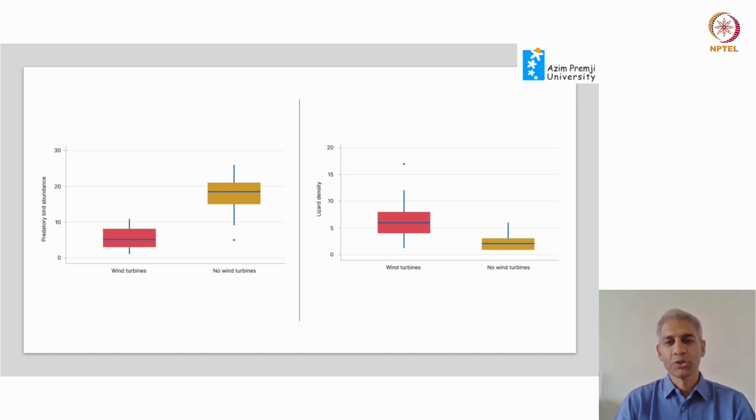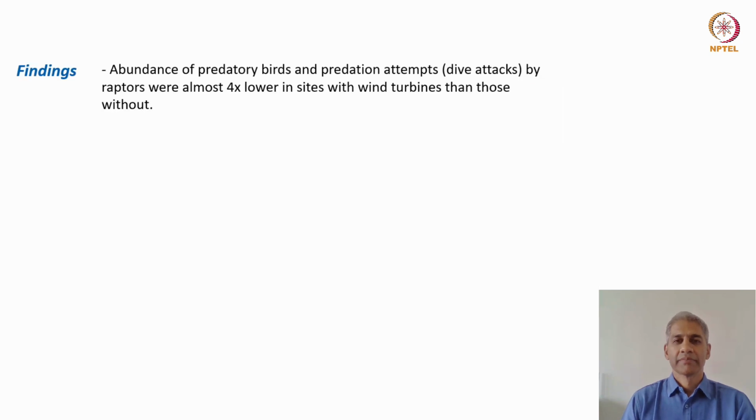In plateaus with wind farms, lizard population density was high. In plateaus without wind turbines, the population was low. So that seems to make sense, right? You're removing the predator species, so the prey species now has a chance to grow in population.